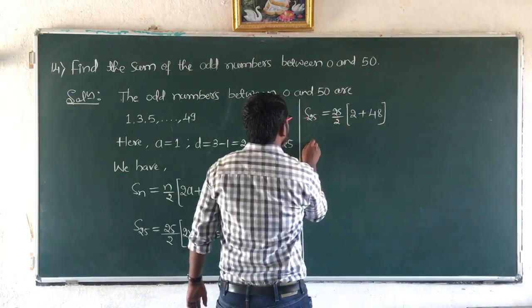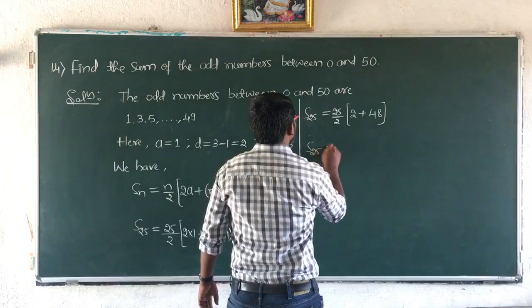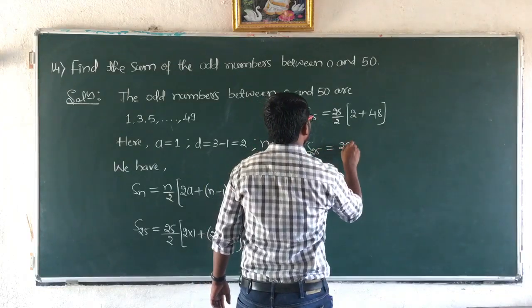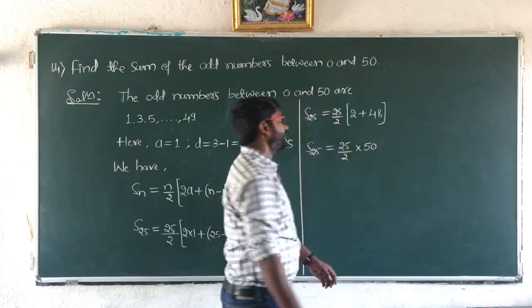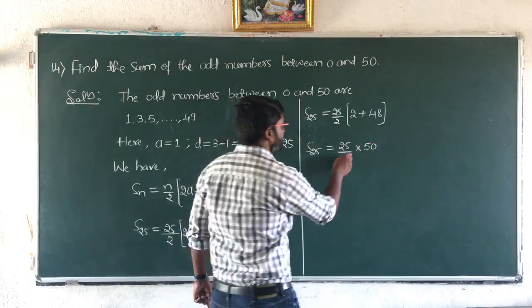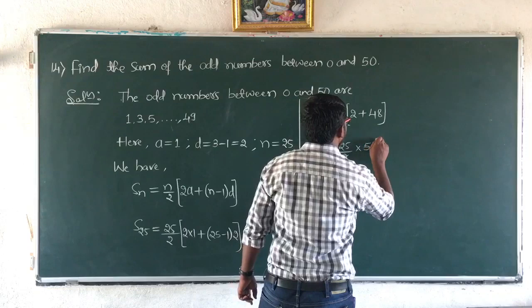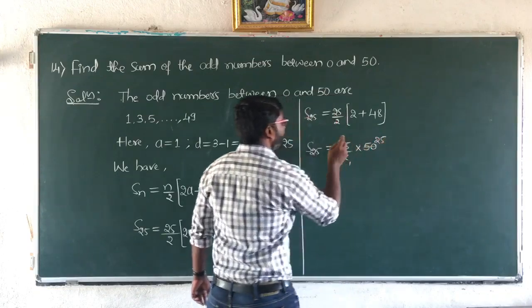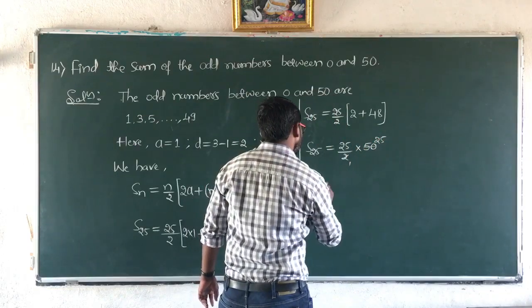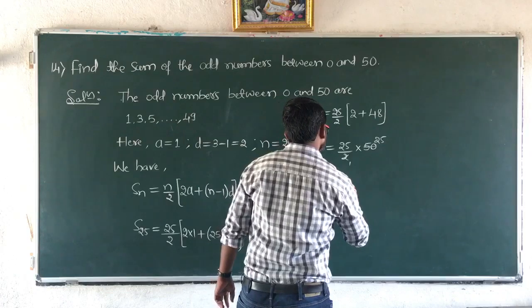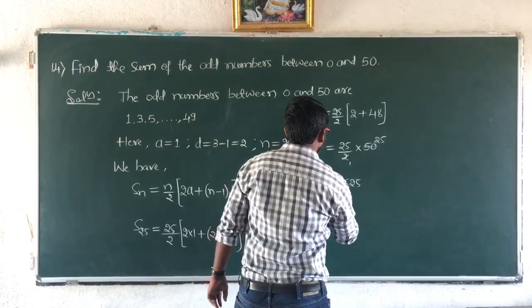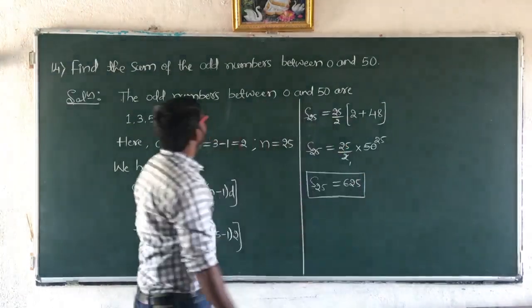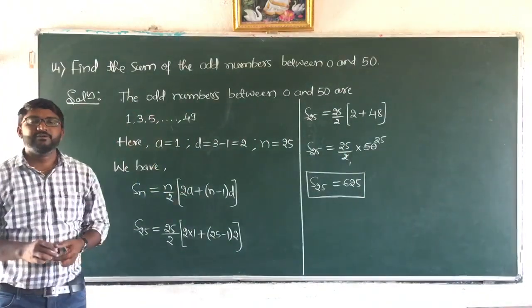So here S25 is equal to 25 by 2 into 50. 48 plus 2 is 50. So 2 ones are 2, 25. So 25 into 25 is 625. So this is the required sum of the odd numbers between 0 and 50.